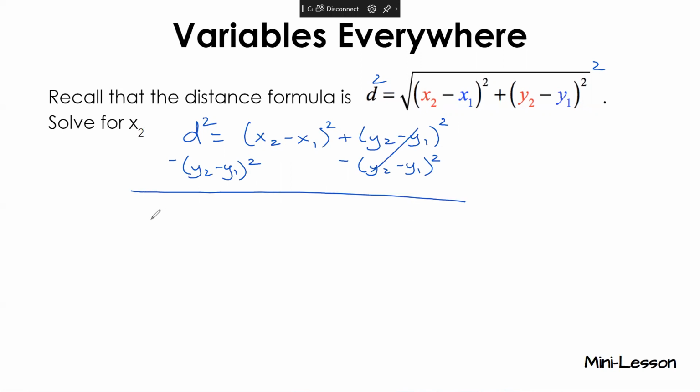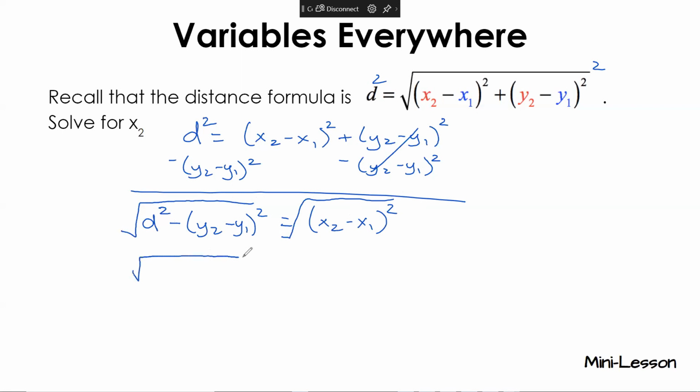Okay, so this is going to give me b squared minus y sub 2 minus y sub 1 squared equals x sub 2 minus x sub 1 squared. Now, we still need to get x sub 2 by itself, but it has this exponent. How do we get rid of this exponent? Take the square root. Oh, it gets worse.